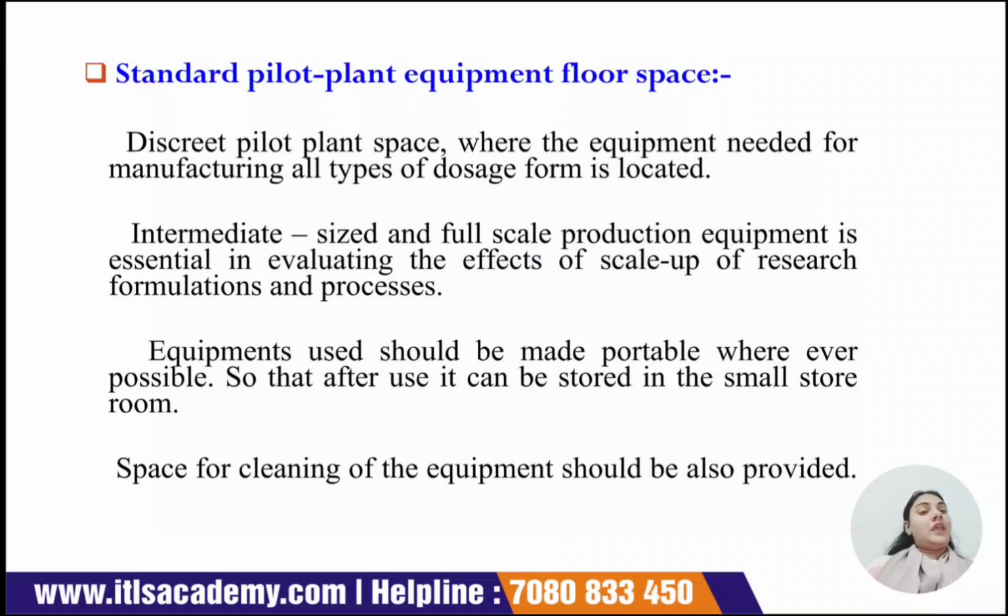Equipment used in production should be portable, so that after use you can store it in the storage room. Space should also be provided where the equipment is washed, meaning a separate washing area where you use detergents and cleansing agents to wash the equipment, so as to avoid contamination.